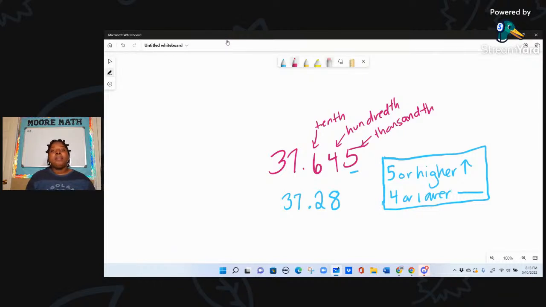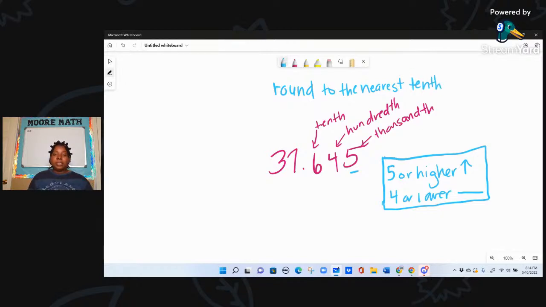Offline, tell me what should the answer be if you're rounding to the nearest 10th place. So if you have to round to the nearest 10th place, tell me what the answer should be.